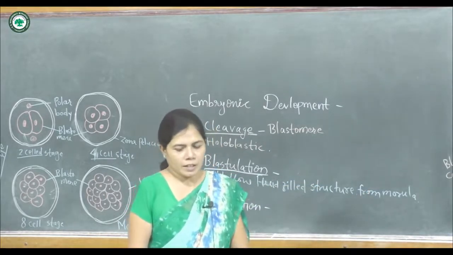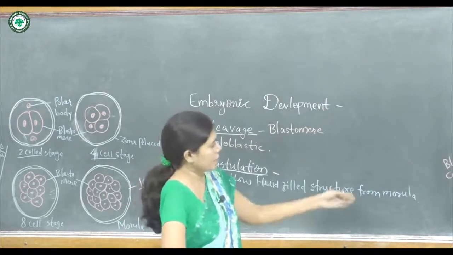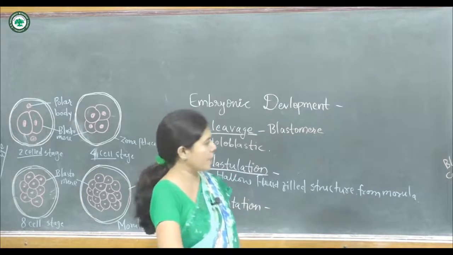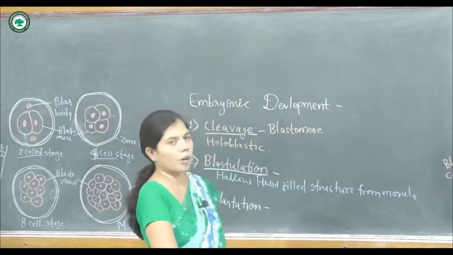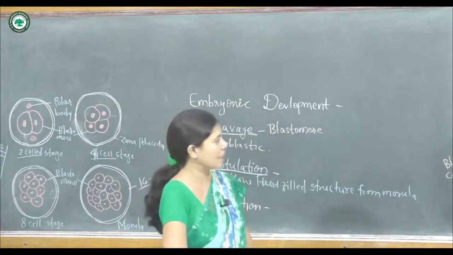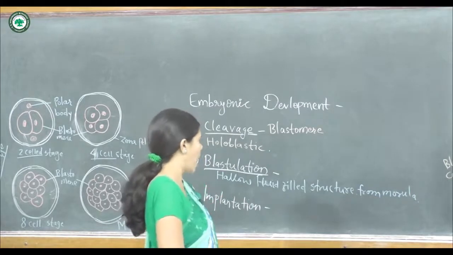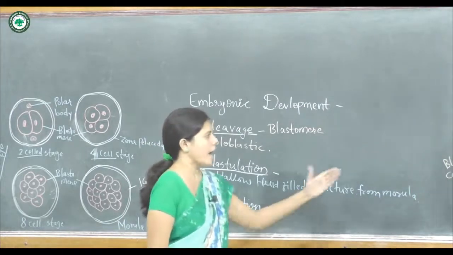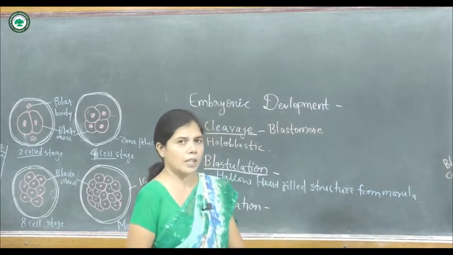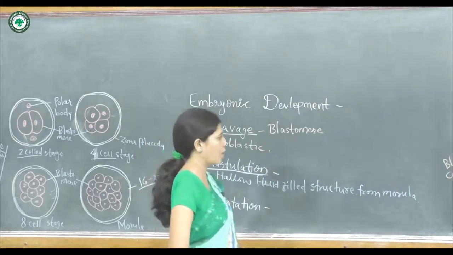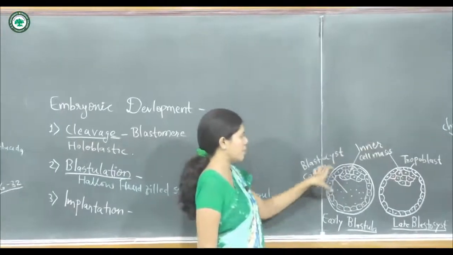The blastula, or blastocyst, is present in the uterine cavity, and it absorbs the uterine milk, or we can say the uterine fluid. The blastula is a hollow fluid-filled structure.